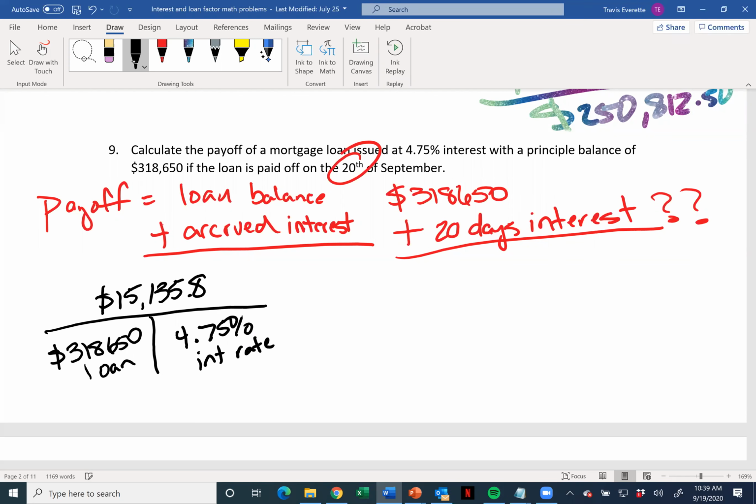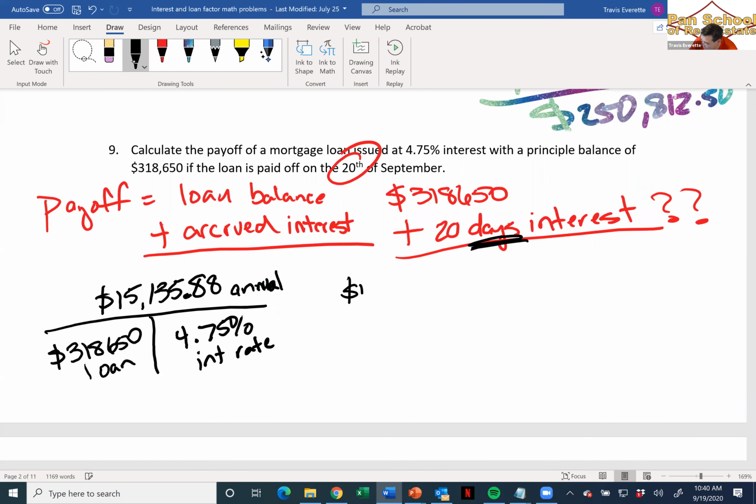Yep, 87 or 88, either one works. And that's annual interest. And I need to break that down into daily because we need 20 days.